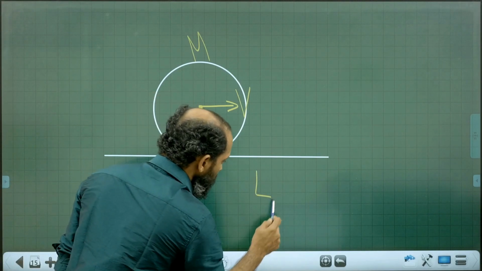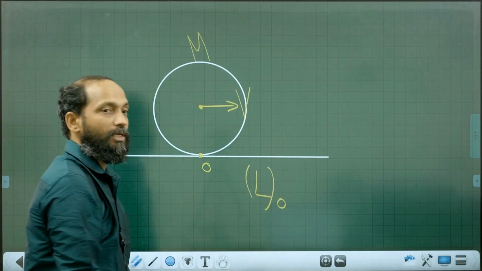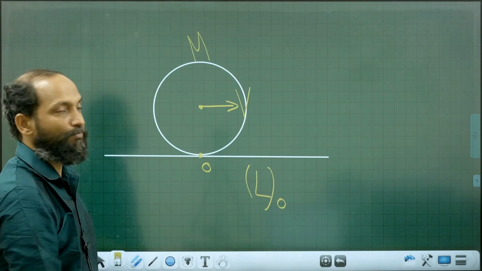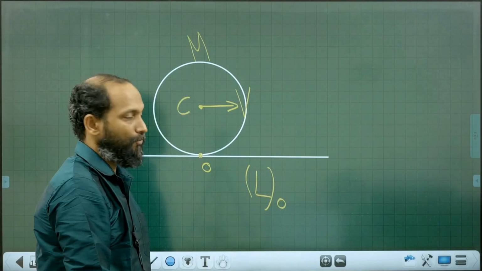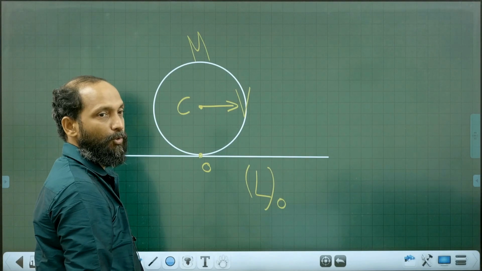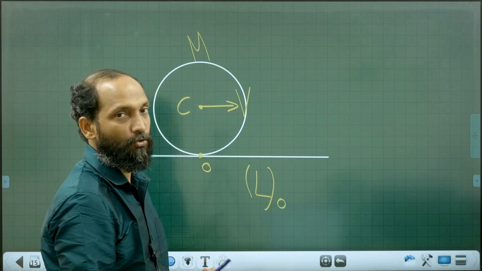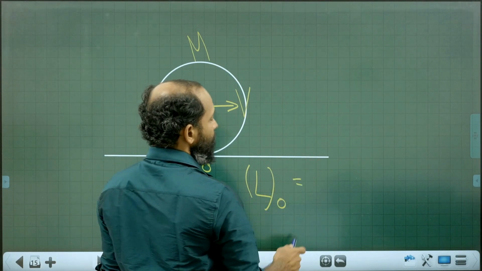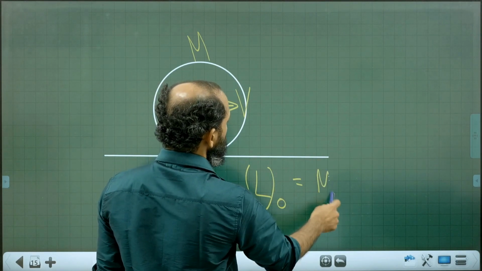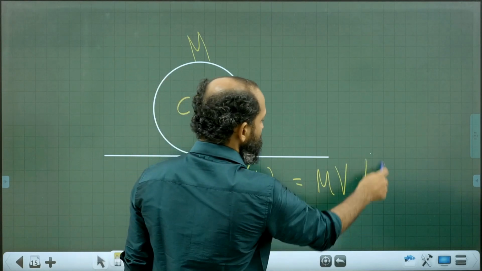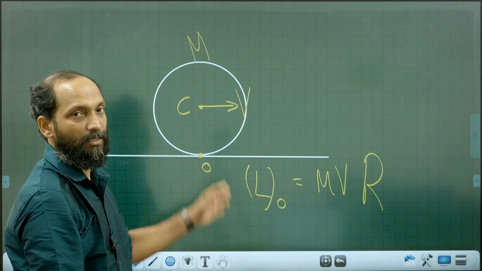What is the angular momentum of that rolling body? It is the angular momentum of its center of mass, equal to momentum times perpendicular distance. Momentum is mv, perpendicular distance is r, so mvr is its angular momentum.